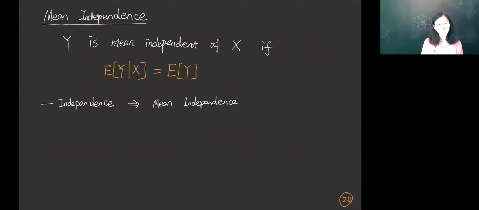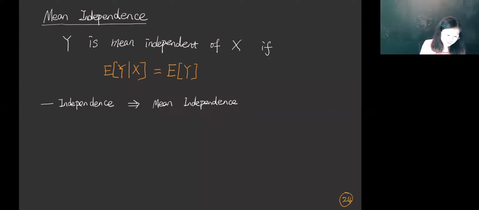If the conditional mean of y given x is not dependent on x, so it's not random, then y is mean independent of x. We can show that statistical independence implies mean independence. So statistical independence is a stronger concept, and mean independence is a slightly weaker concept.